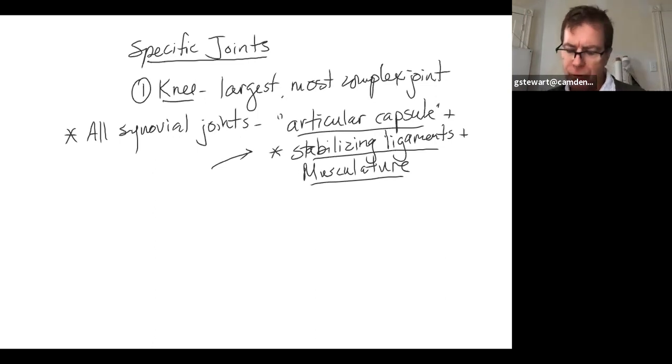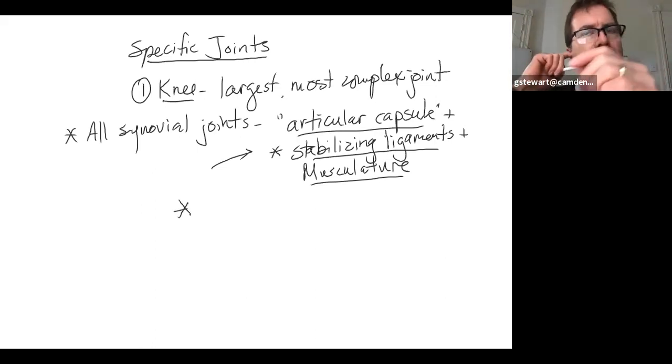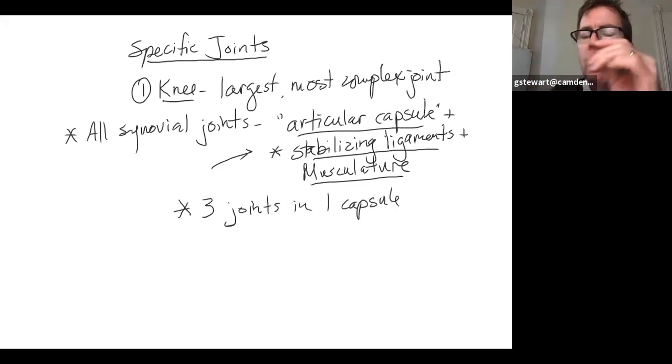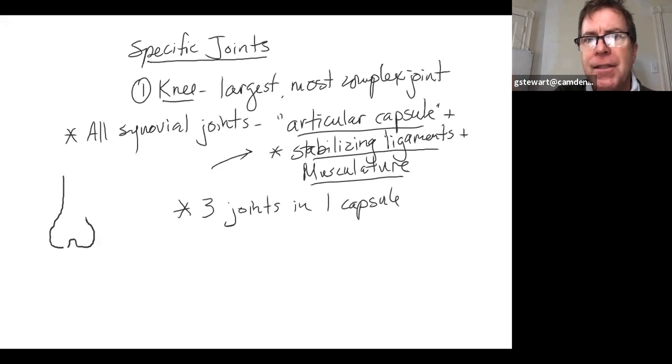Now I am going to say a few specific things about each of these. The knee joint is the largest and most complex, and it's defined as three joints in one capsule. I'll explain what I mean by that. If you're looking at the anterior front view of the femur, that's the distal end.